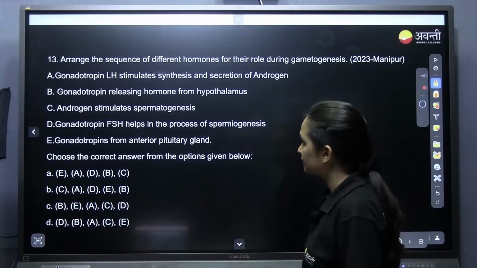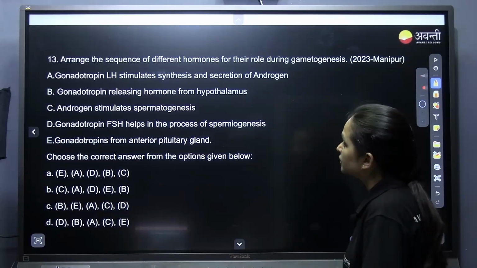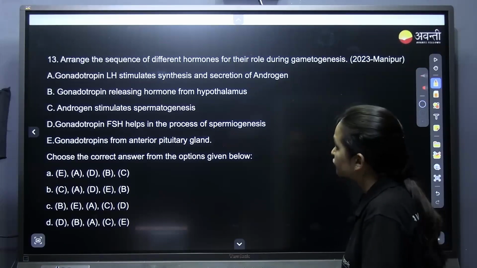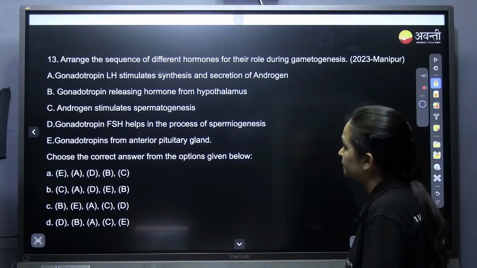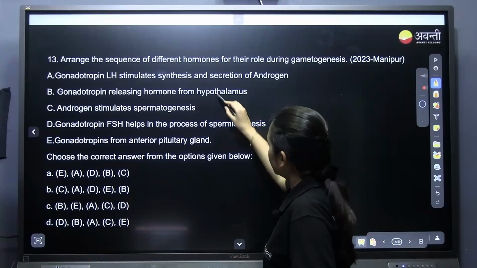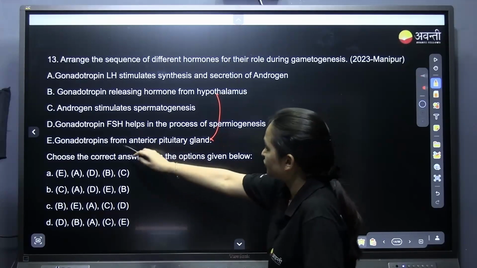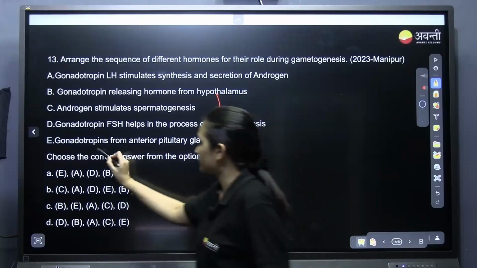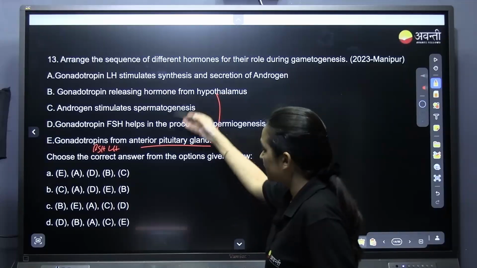Androgen stimulates spermatogenesis. Gonadotropin FSH helps in the process of spermiogenesis. Gonadotropin from the anterior pituitary gland. But first is gonadotropin releasing hormone from the hypothalamus. It acts on the pituitary, and FSH and LH will be released from the pituitary gland. So BE.